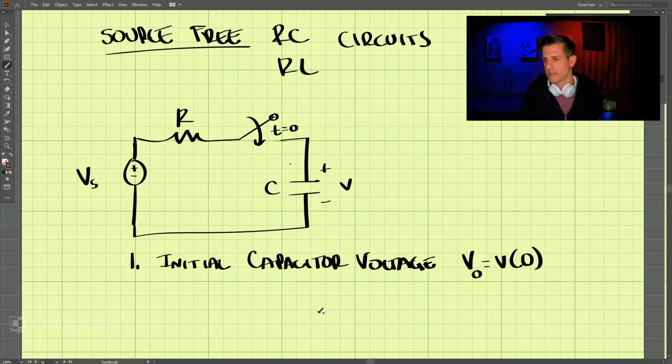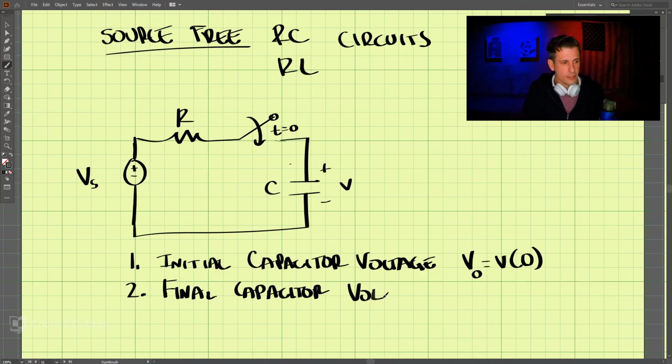Two, what else we need to find is the final capacitor voltage, which is going to be labeled our V infinity.